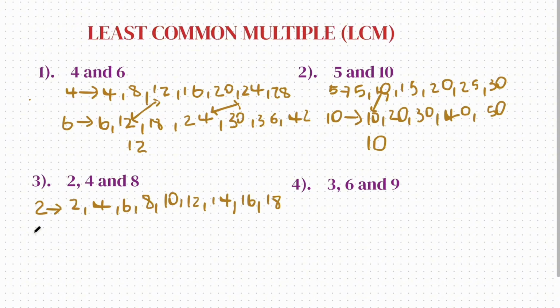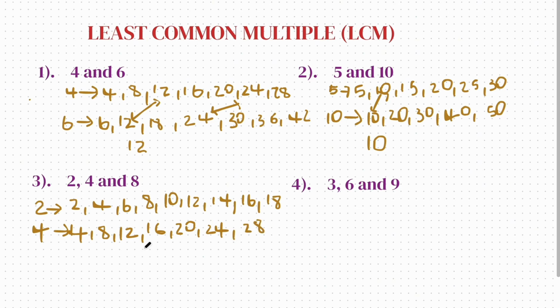Let's list the multiples of 4. So the multiples of 4: 4, 8, 12, 16, 20, 24, 28, and I'm going to stop at 28.